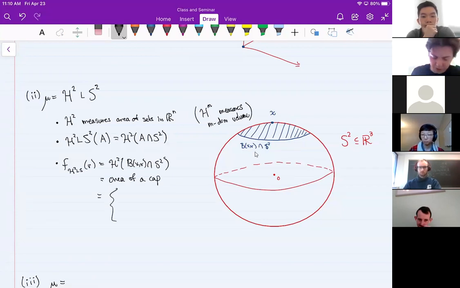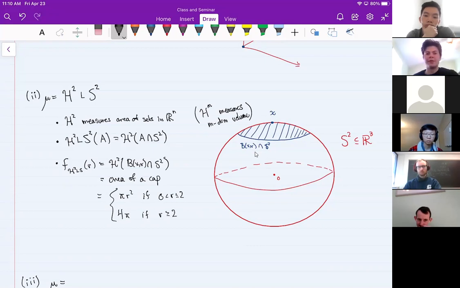Which I won't prove here, but you can show relatively easily this is going to be equal to pi r squared if r is between 0 and 2, and 4 pi if r is greater than or equal to 2. Right, so when r is greater than or equal to 2, my ball envelops the entire sphere, and so it'll be constant at that point afterwards.